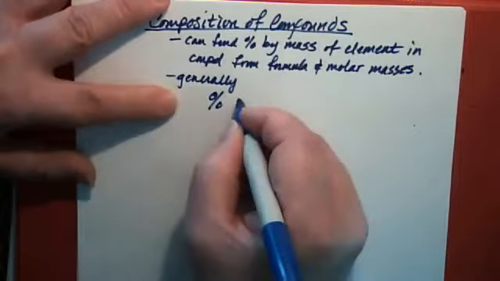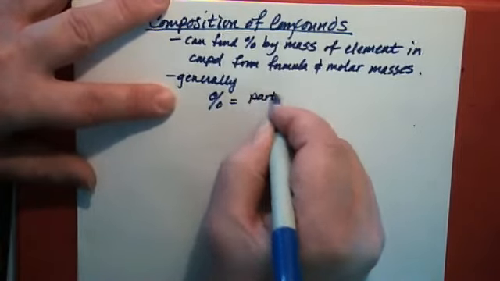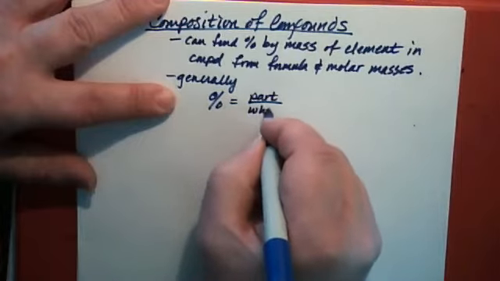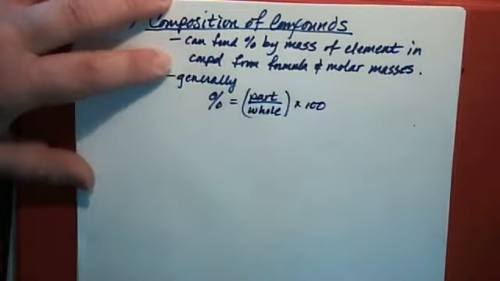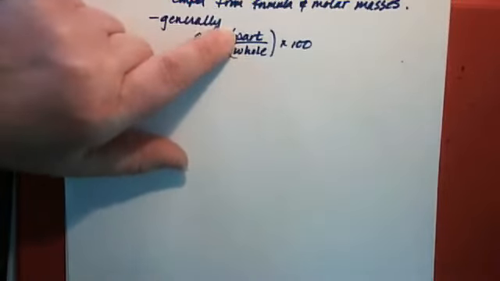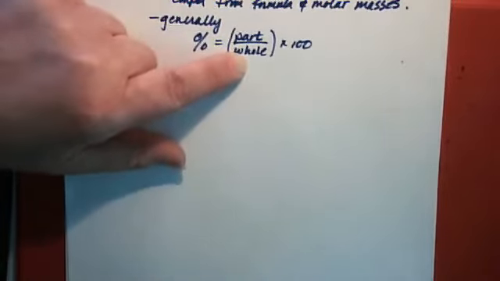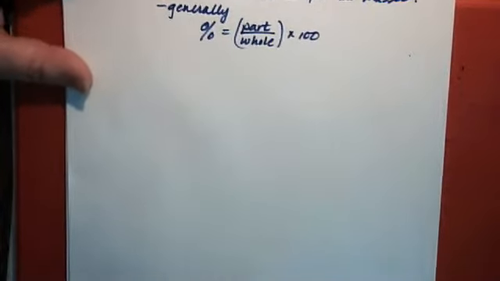Generally, percentage of anything is equal to the part you're interested in divided by the whole thing times 100. And that has a wide variety of applications. It just depends on what part you're interested in, what the whole thing is made up of, and then you multiply it by 100 to make it a percentage.